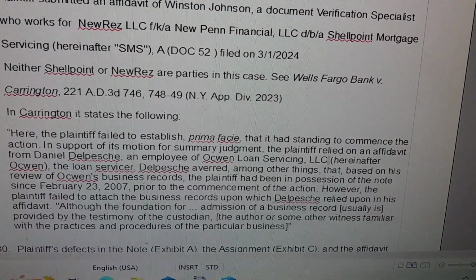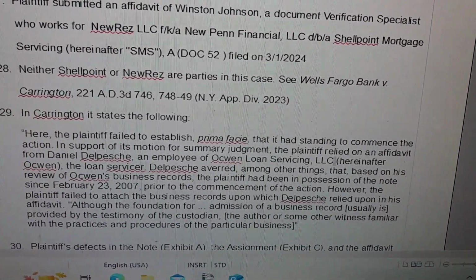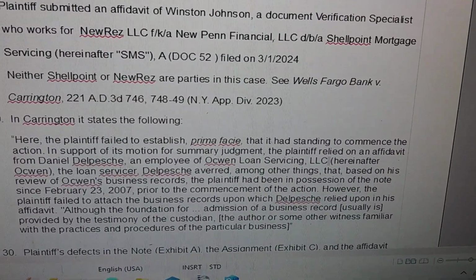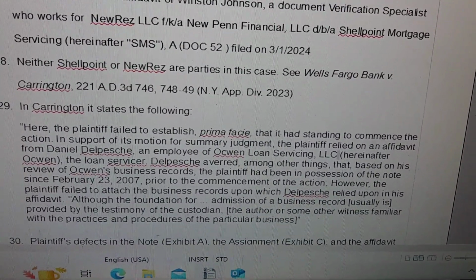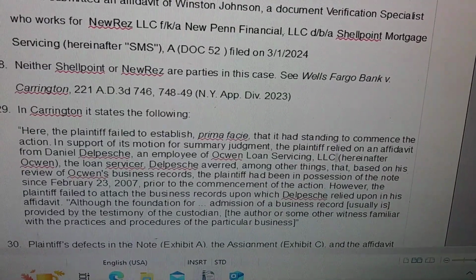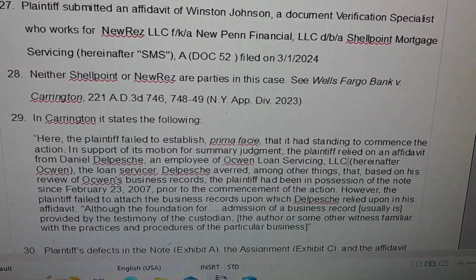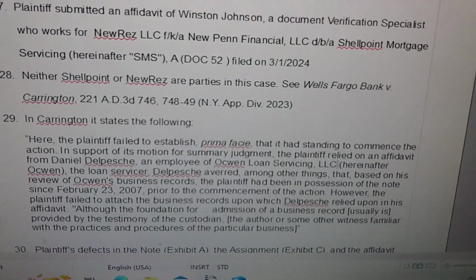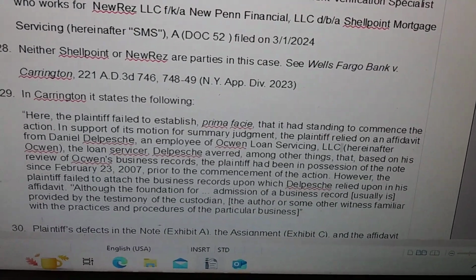However, the plaintiff failed to attach the business records upon which Del Spacci relied in his affidavit. Although the foundation for admission of business records usually is provided by the testimony of the custodian, the author, or some other witness familiar with the practices and procedures of the particular business.